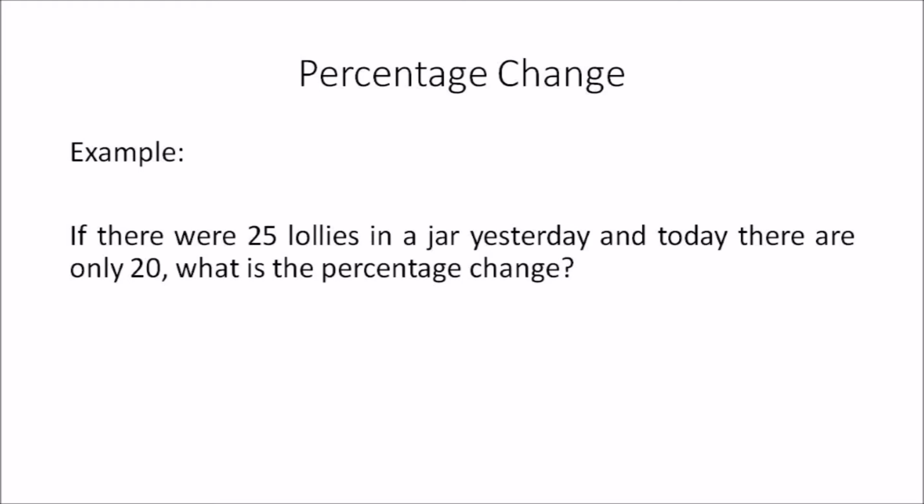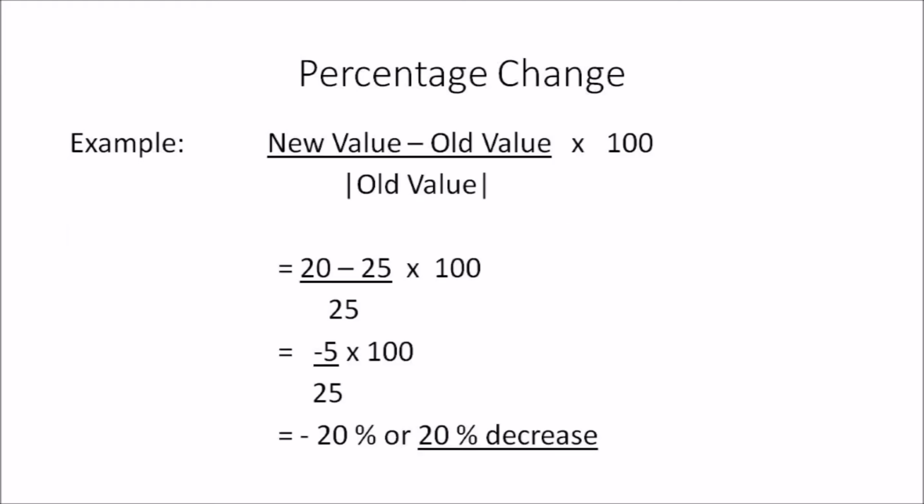So let's work it out and see what we get as the answer. Using the same formula, new value minus old value divided by the old value multiplied by 100, we get 20 minus 25 divided by 25 multiplied by 100.